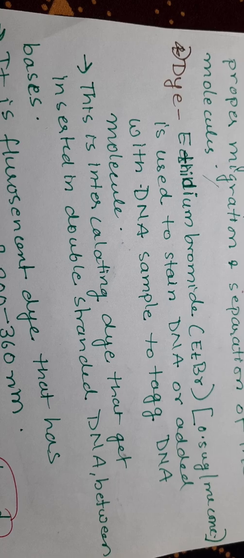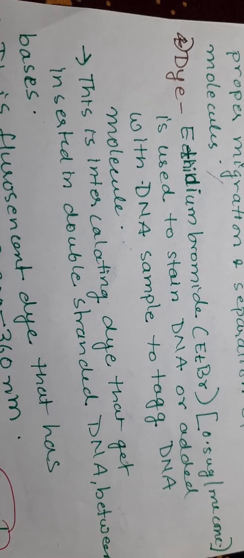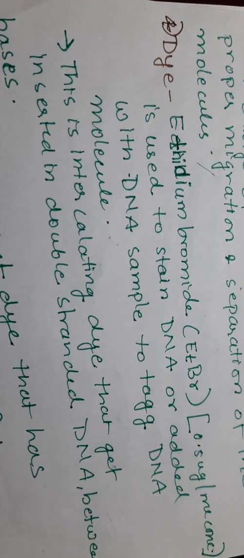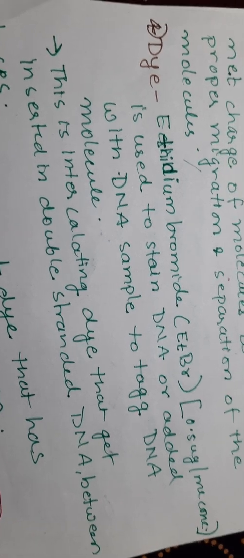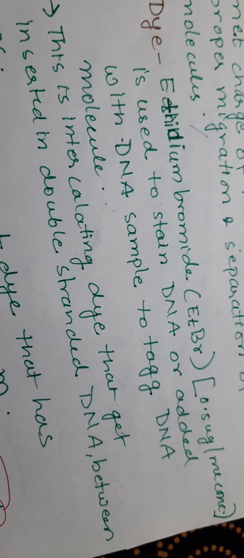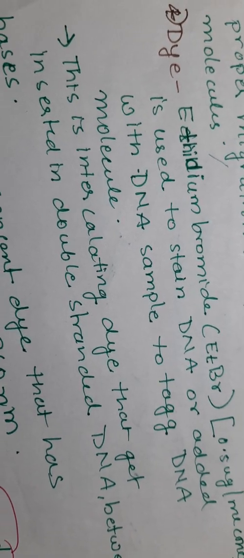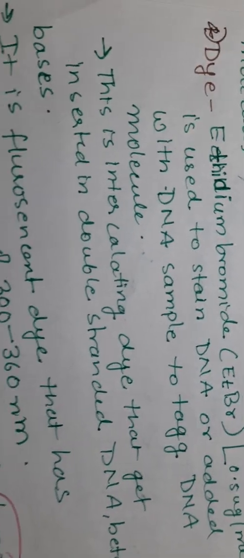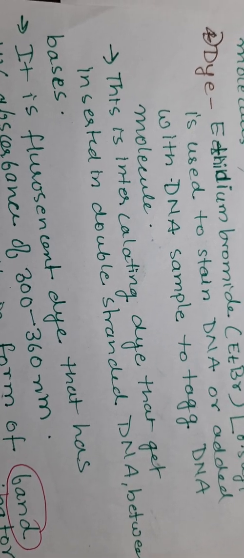Next, we use ethidium bromide for staining of DNA. This is added either to the DNA while loading the sample, or staining is done later, once the DNA fragments are separated, because the purpose is to visualize the DNA.